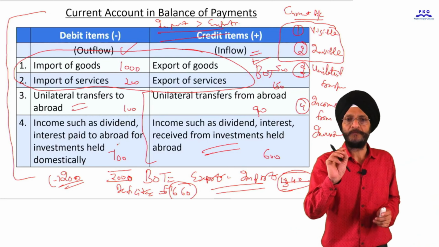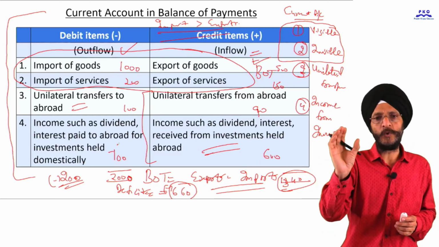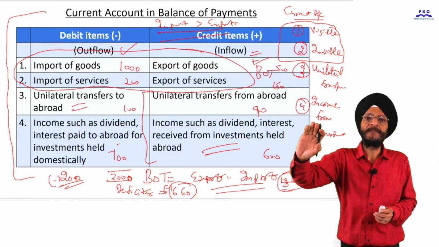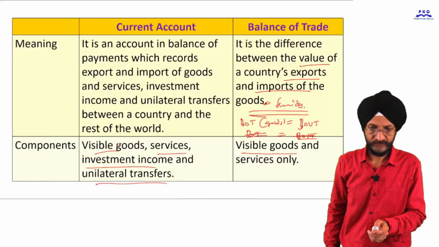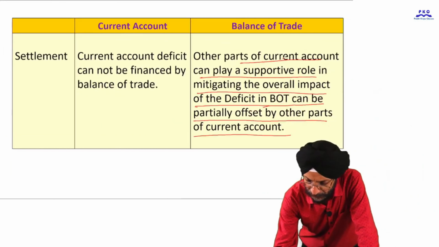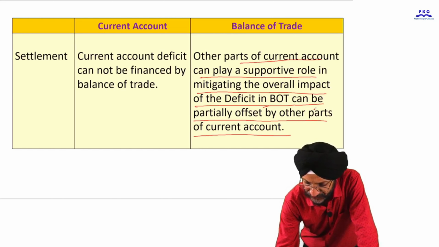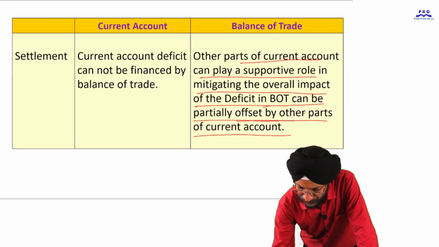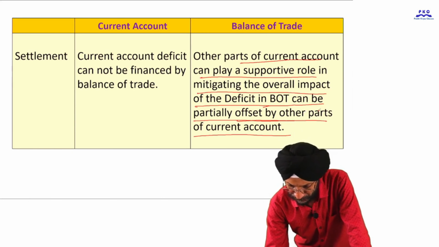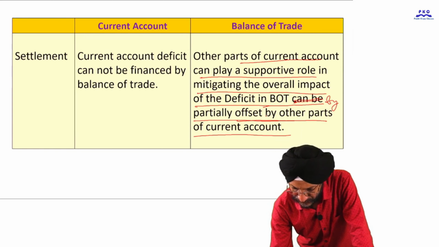No, they can play only some role, not completely wipe out the impact of negative balance of trade. We will again read: other parts of current account can play a supportive role in mitigating the overall impact of deficit in balance of trade by partially offsetting the same.